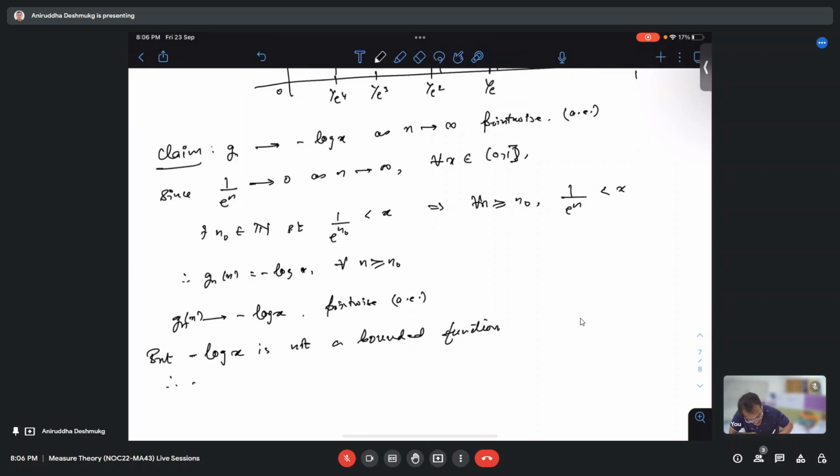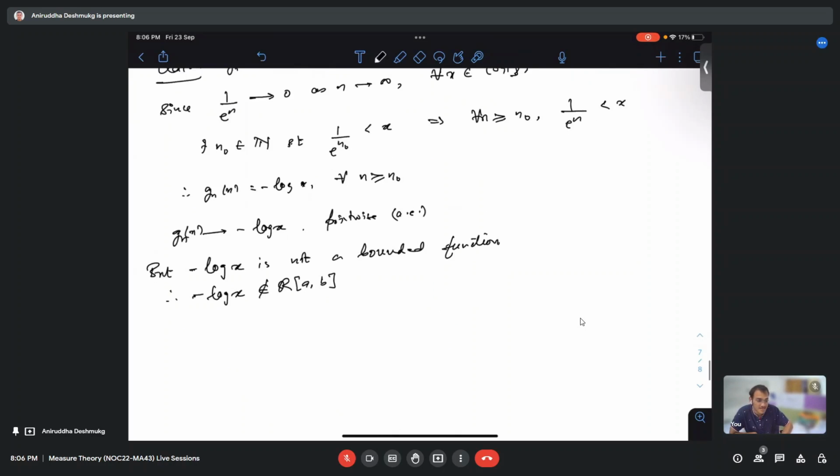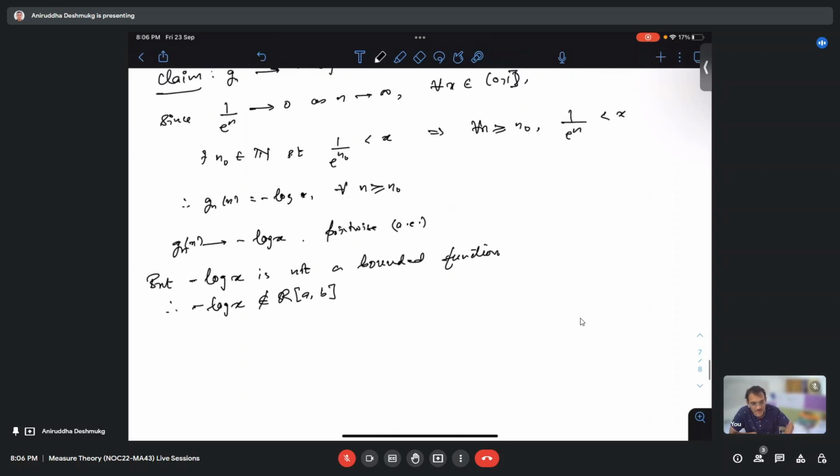Therefore, minus log x is not inside R[a,b], because by definition, the space of all Riemann integrable functions must be bounded. And there is a result which says that they must also be continuous almost everywhere, which we have not seen. Perhaps we'll see it next time, or where it is given in the book.